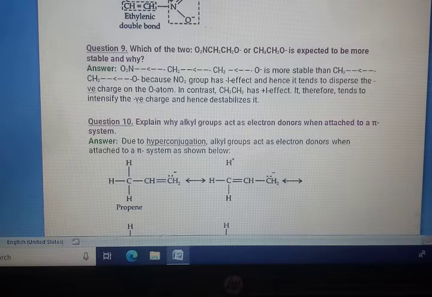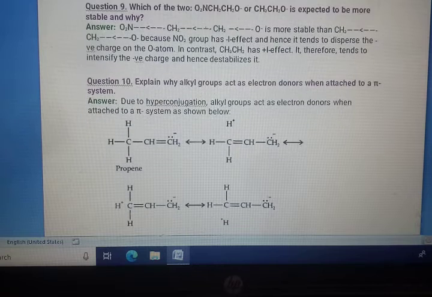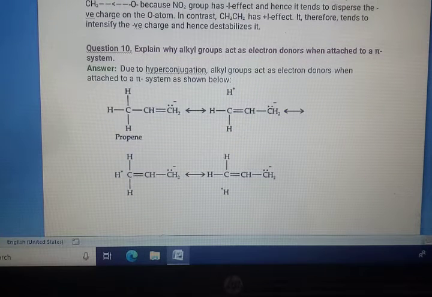Okay. Now we are moving towards question number 10. Explain why an alkyl group acts as an electron donor when attached to a pi system. Due to hyperconjugation, you know very well, when an alkyl group is attached as an electron donating group, then what will happen to this pi system? You can see here the structure of propene. In propene, at the first position a double bond is there.